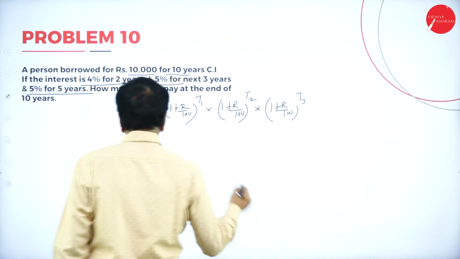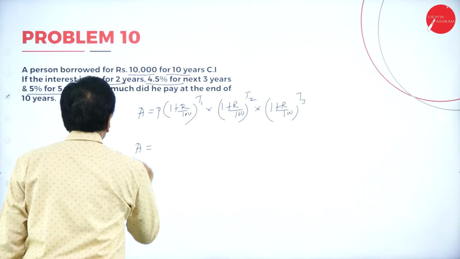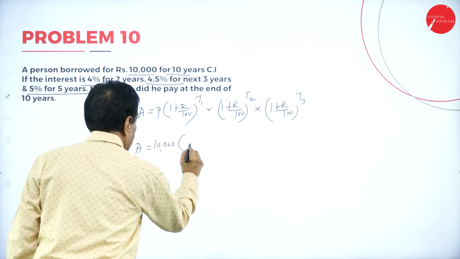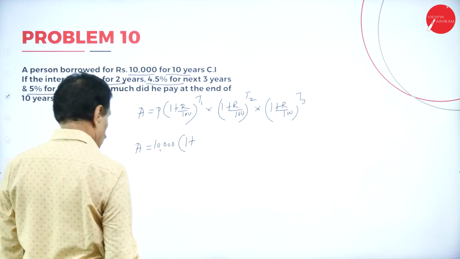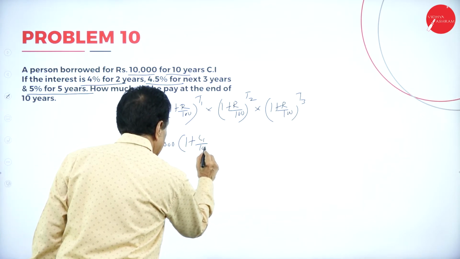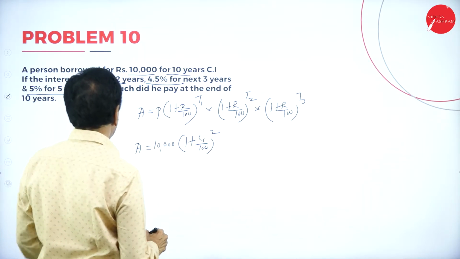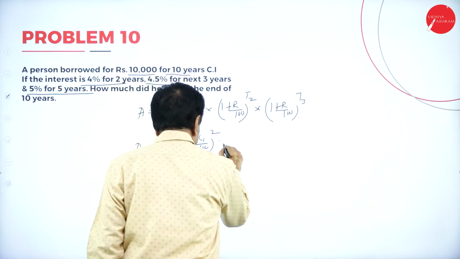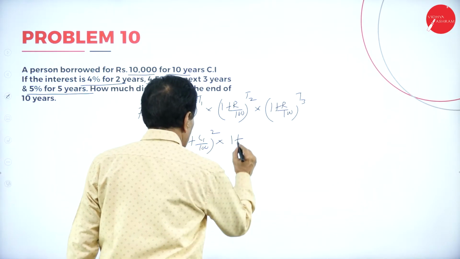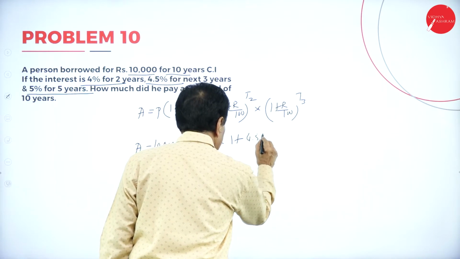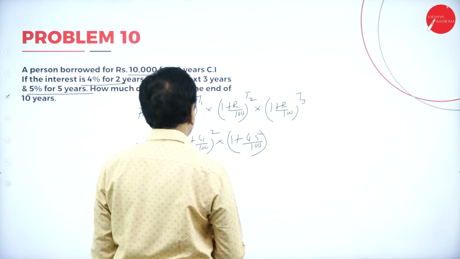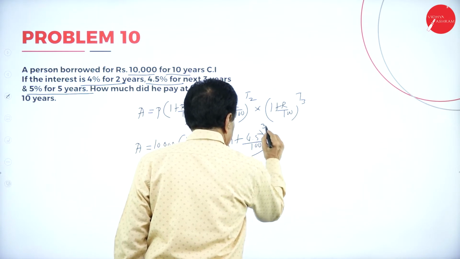A is equal to, what is your principal money? 10,000 into 1 plus, what's the rate you got? 4 divided by 100. How many years? 2 years. Into 1 plus 4.5 divided by 100. How many years? 3 years.